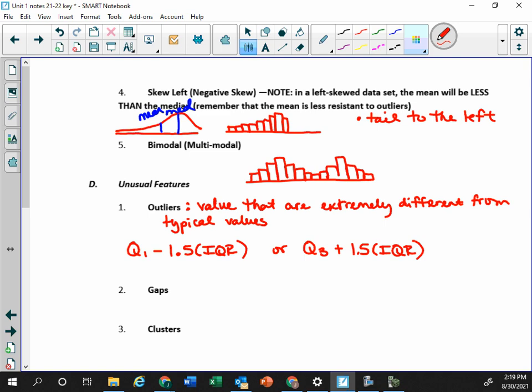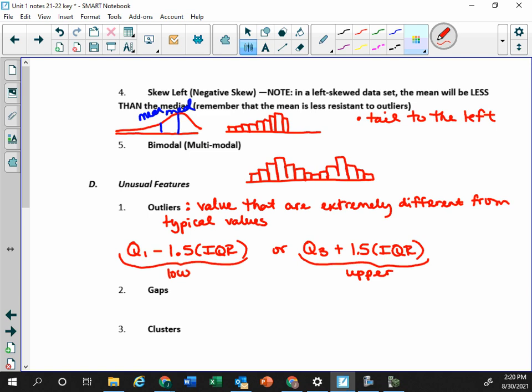So guys, those are your boundaries. Like the Q1 minus 1.5 IQR, that's like the low boundary. Makes sense, we're subtracting, it'd be on the low end. And then this is the upper boundary. So if you calculate these and you have some number in your data set that's either lower than the low boundary or higher than the upper boundary, that's an outlier, okay? So you've got these defined barriers.